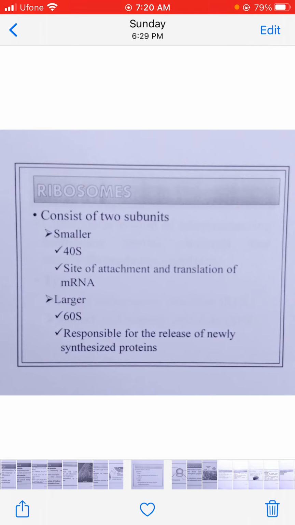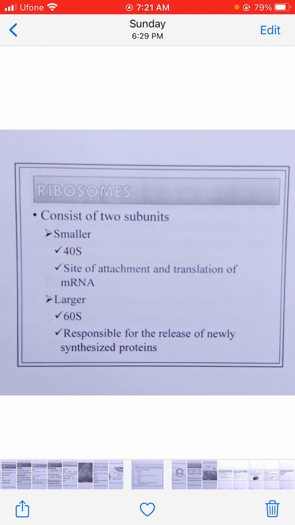So these two subunits, smaller and larger, unite together during the protein synthesis mechanism to release a newly synthesized protein. No smaller subunit alone is responsible for the synthesis of protein, and the other is also not responsible on its own. When both are joined together, they are then responsible for the synthesis of proteins.